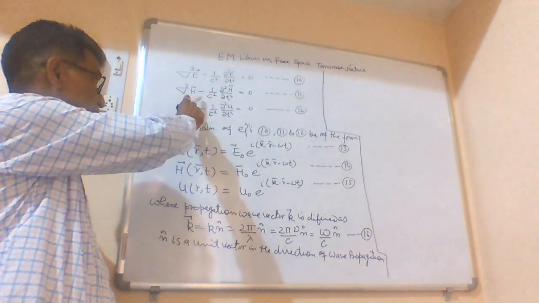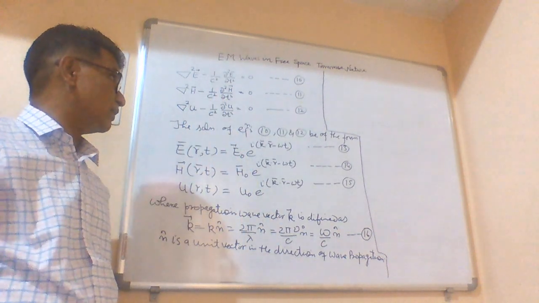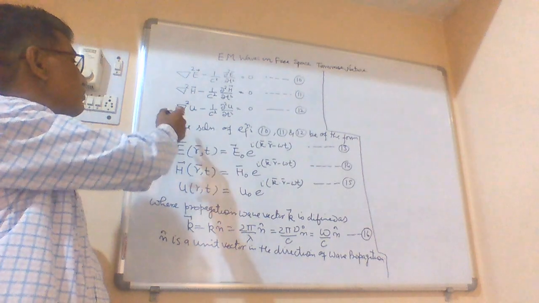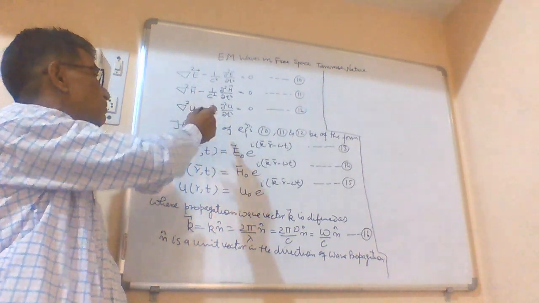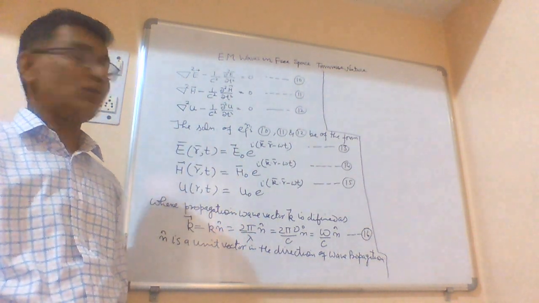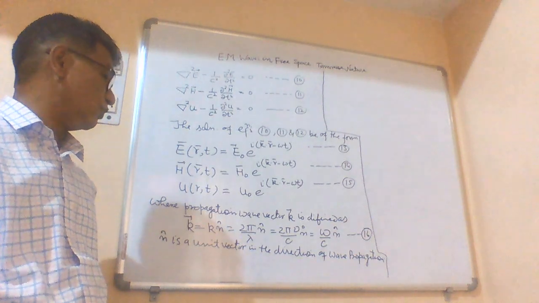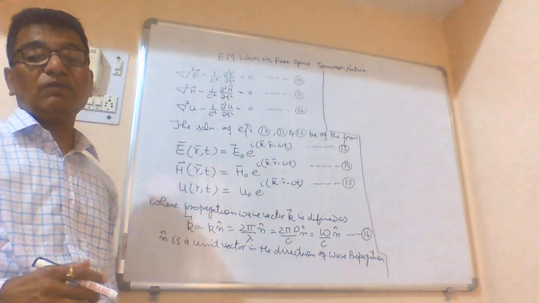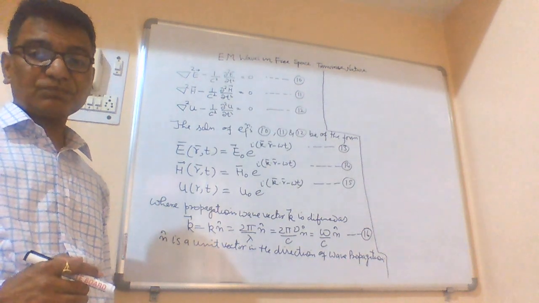Del square H minus 1 upon c square delta 2 H upon delta t2 is equal to 0. And for some scalar field, del square U minus 1 upon c square delta 2 U upon delta t2 is equal to 0. So now we have to find the solution for the field equations.